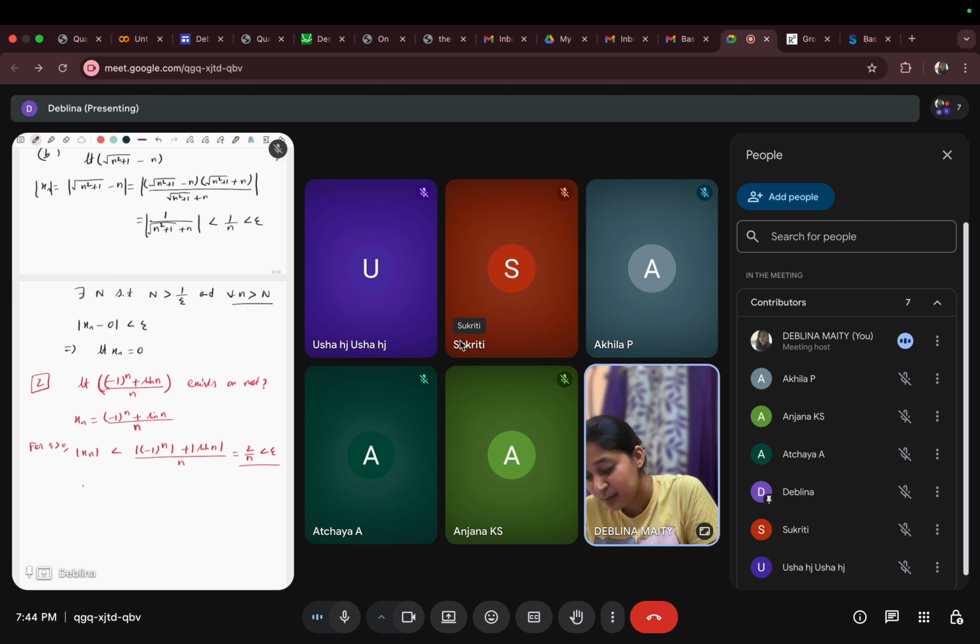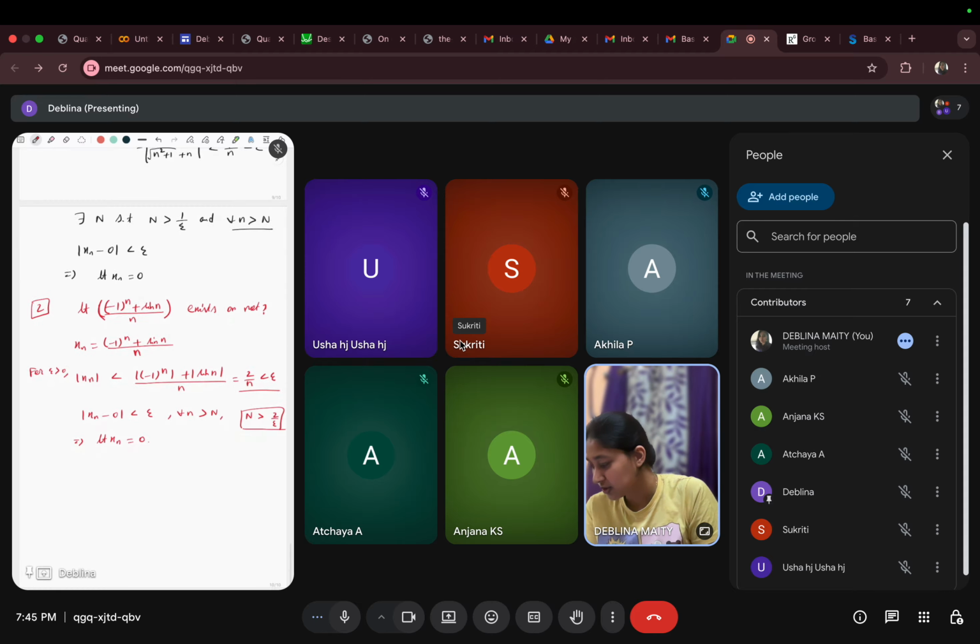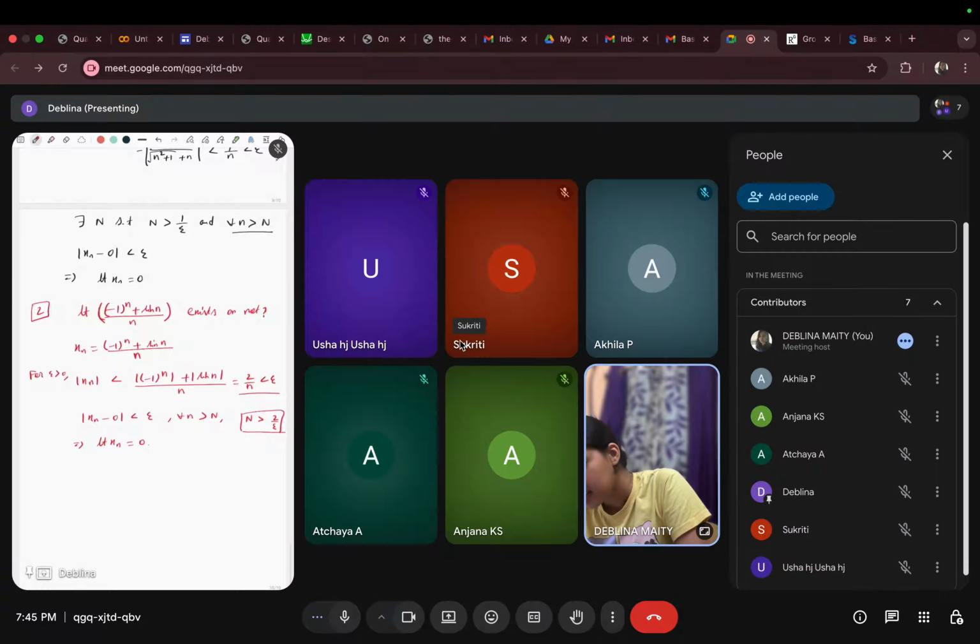So this means xn minus 0 is less than epsilon for all n greater than some N, where N is greater than 2 by epsilon, right? So this is convergent, and xn converges to 0, right? So this is a convergent sequence.